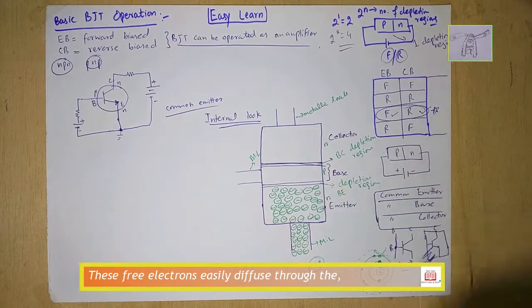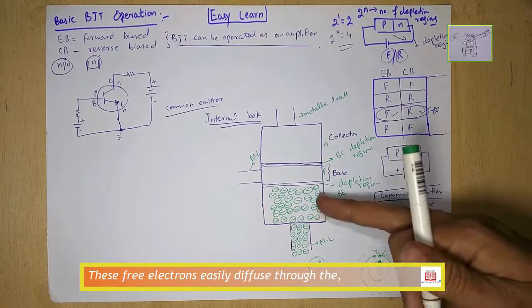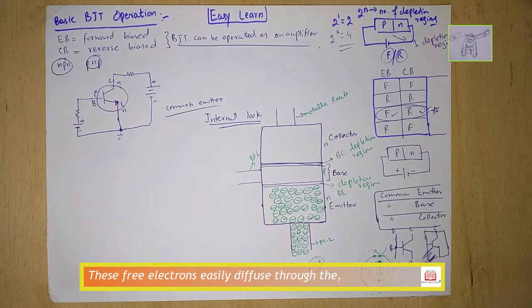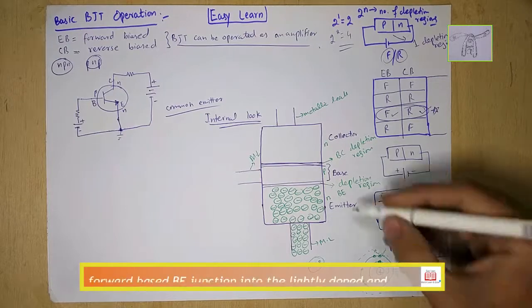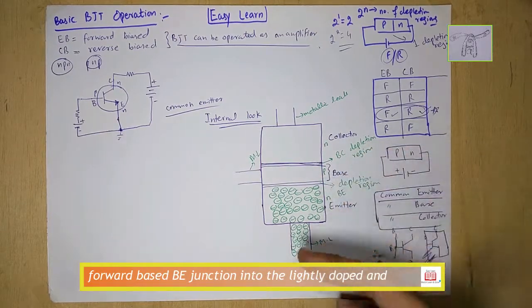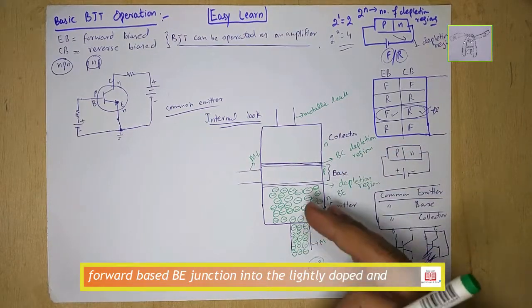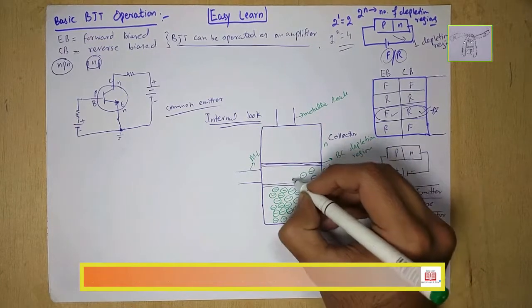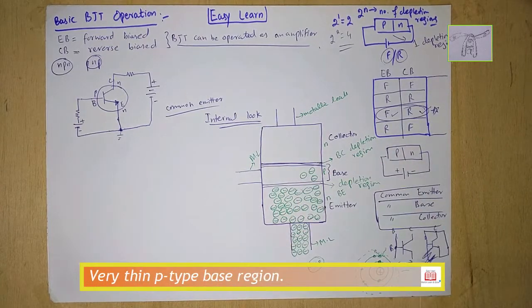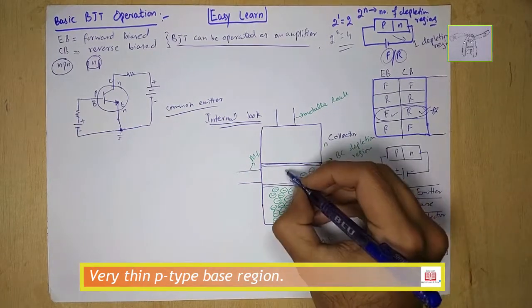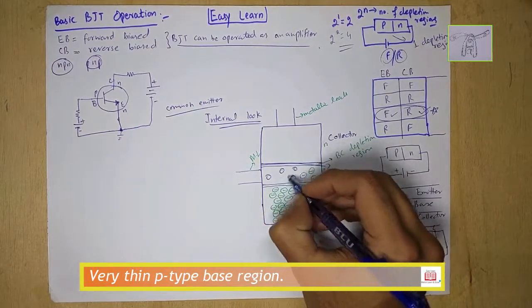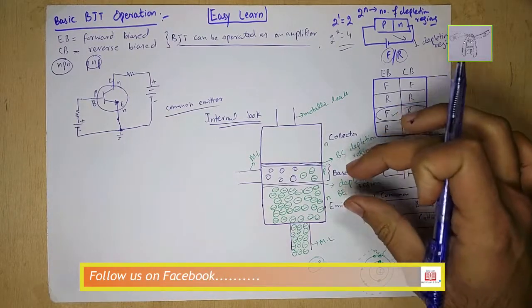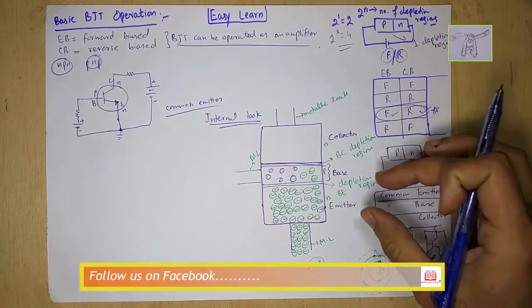The electrons pass through the depletion region and lose a little bit of energy, but they still continue, because there is a forward bias. The depletion region doesn't affect them too much, and the electrons reach the base. But here are some holes. These are some holes available, because this is the base region, and this is a narrow base region.